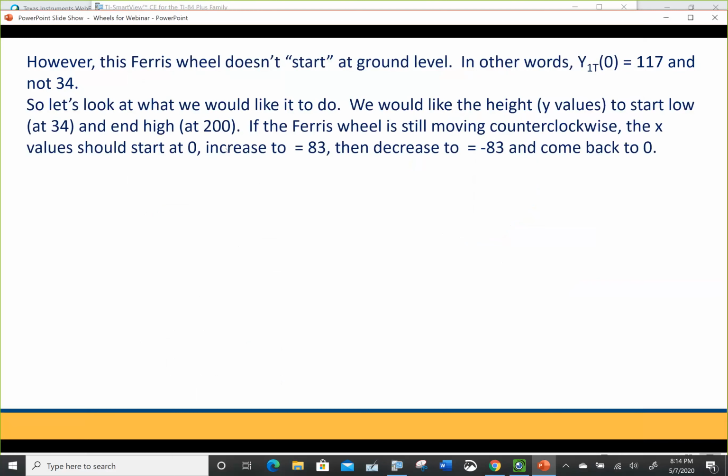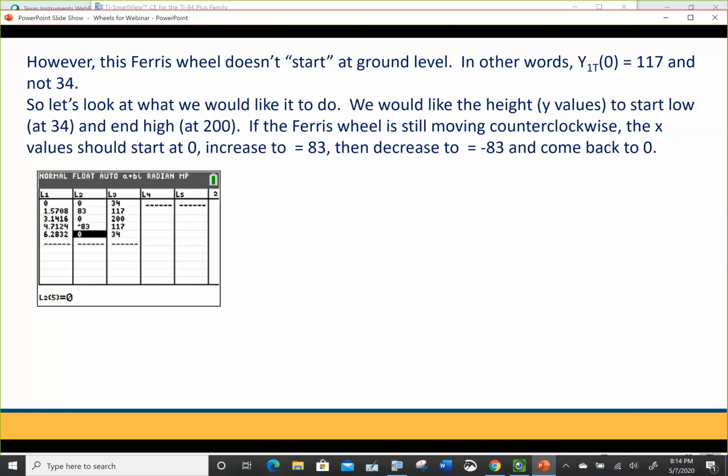We would like the y values to start low at 34 and end high at 200. And if the Ferris wheel is still moving counterclockwise, the x value should start at 0, increase to 83, then decrease to negative 83 and come back to 0. I put these values in a table so we could see them.